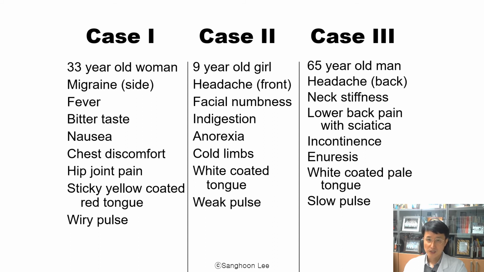Case 3, 65-year-old man, headache at the back, neck stiffness, lower back pain with sciatica, incontinence, and enuresis, white coated pale tongue, and slow pulse. If this patient visits your clinic, what will you do for this patient?